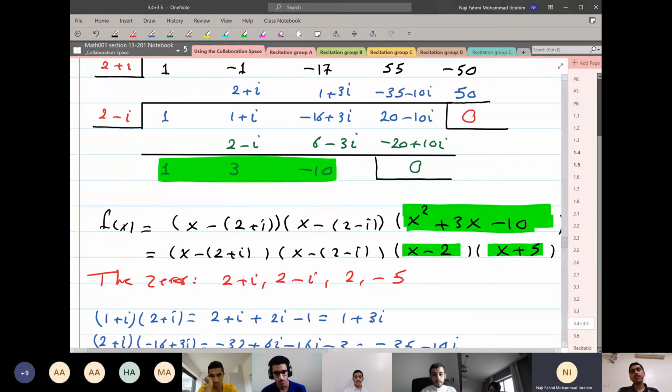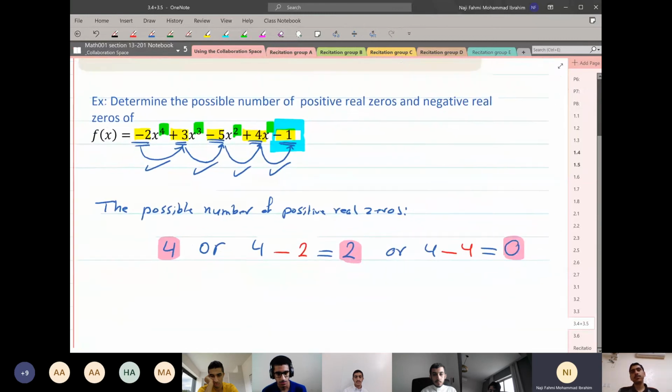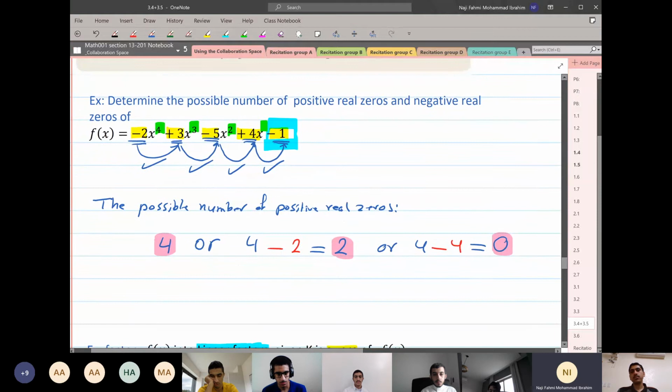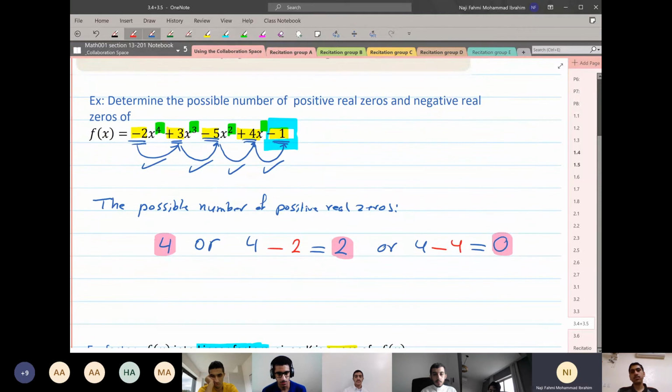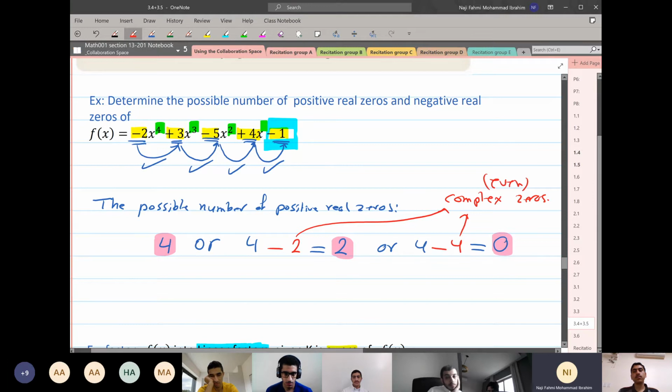No. So that's why in this example, I'm subtracting 2 or 4. These 2 or 4 talk about the number of complex zeros. I have to subtract even numbers. The complex zeros are always even. That's why I'm subtracting 2 or 4.